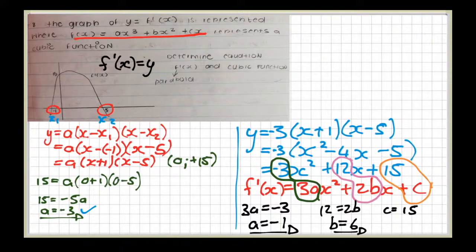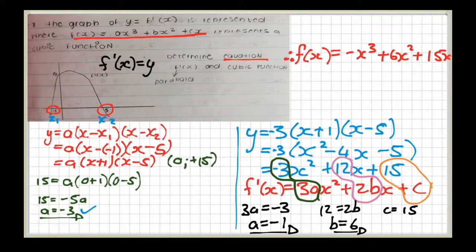But this is now important. Have we actually finished off the sum? And the answer is no, because they asked me for the equation. So lastly, I would write, therefore, f of x is equal to, a is -1, so -x cubed, plus 6x squared, plus 15x.